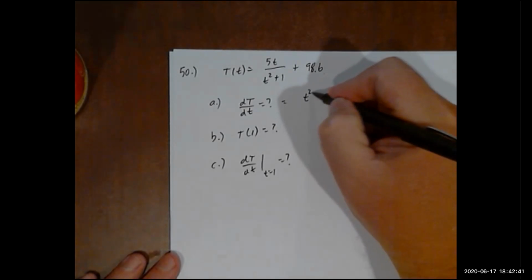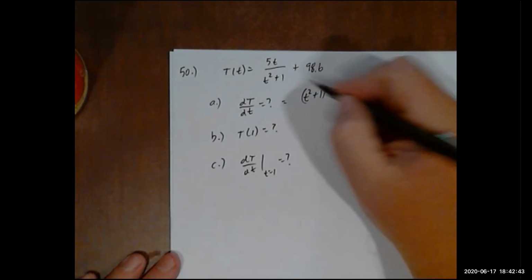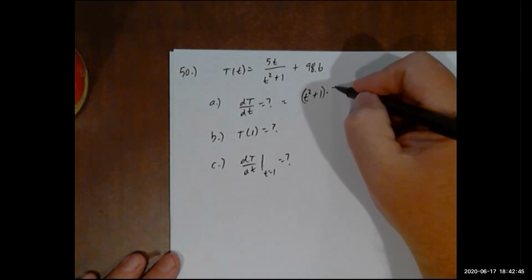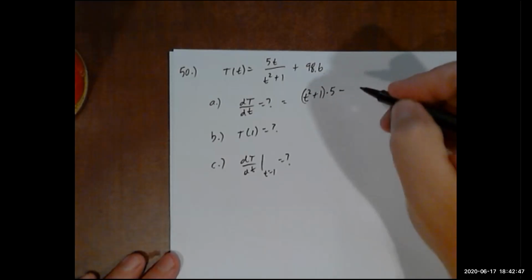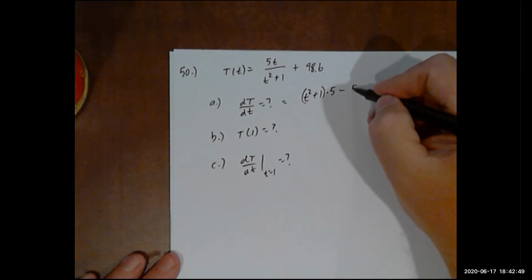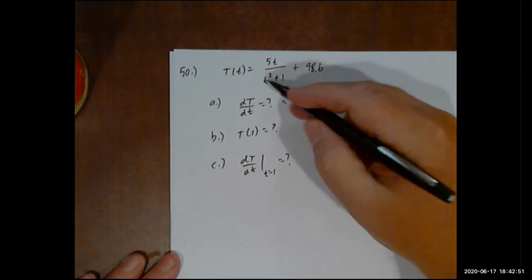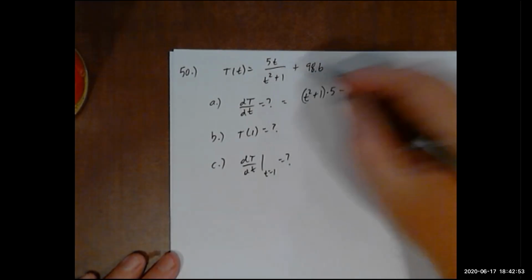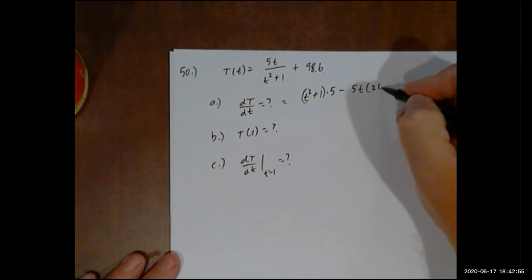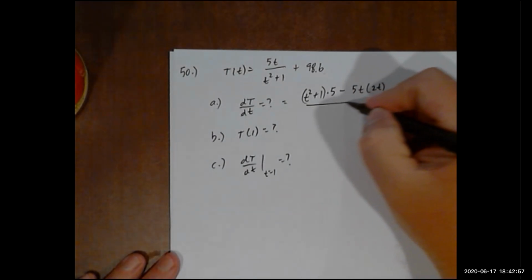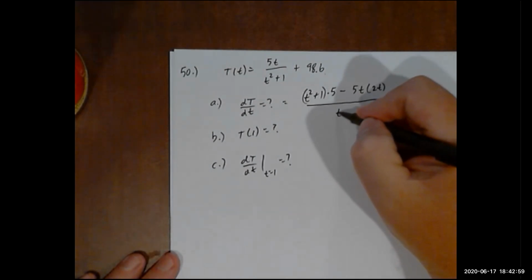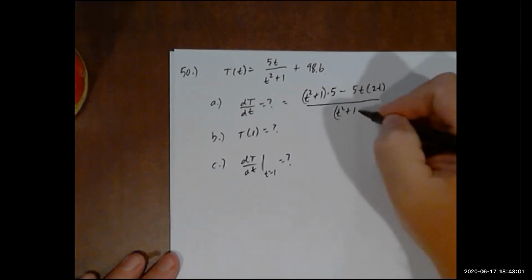So low d high, the derivative of 5t is just 5, minus high d low, the derivative of t squared plus 1 is just 2t, over the low squared.